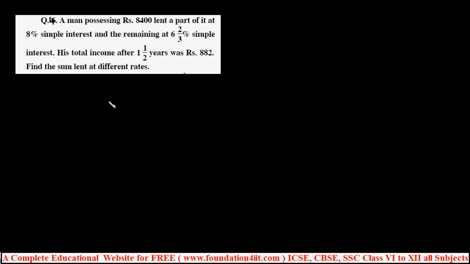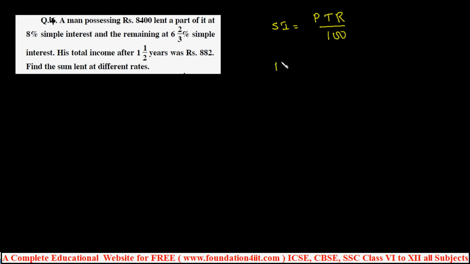Let us use this same alligation rule for this. First of all, we have to calculate the average rate of interest, because 8% simple interest is for some amount and 6 2/3% for some other amount, but the overall rate of interest we don't know. Based on that, we know the simple interest formula, PTR by 100.